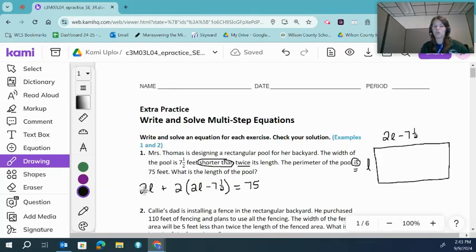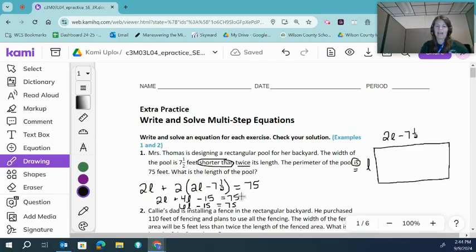So 2 times the length plus, and then I'm going to do my distributive property here. 2 times 2L is 4L minus 2 times 7.5 is going to be 15 equals 75. Then I'm going to combine my like terms and I get 6L minus 15 equals 75.